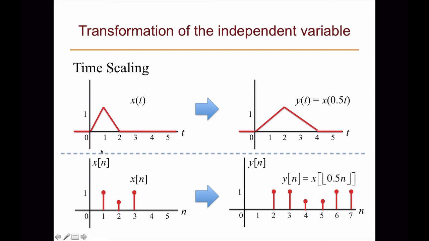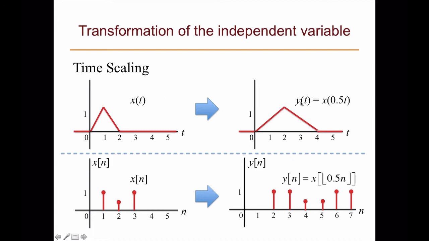So if the signal that we have here looks like this, xt as a triangular signal, then if you multiply the independent variable t with a constant of 0.5, you get the lengthened version of the original signal. So this is the signal yt equals x 0.5t.